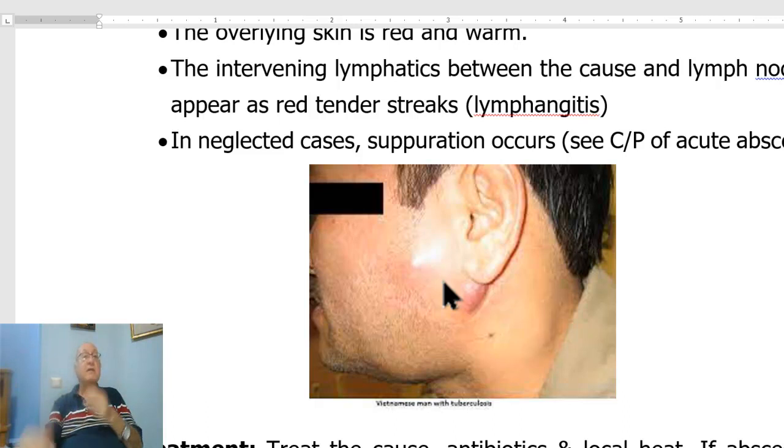Localized lymphadenopathy may be inflammatory, as we said now in this video: acute lymphadenitis, which is usually non-specific, or specific. Acute specific lymphadenitis includes a disease called infectious mononucleosis. Chronic lymphadenitis may be chronic non-specific or chronic specific lymphadenitis.